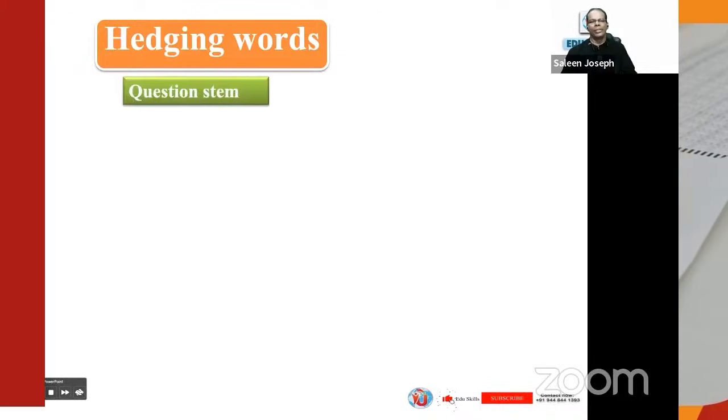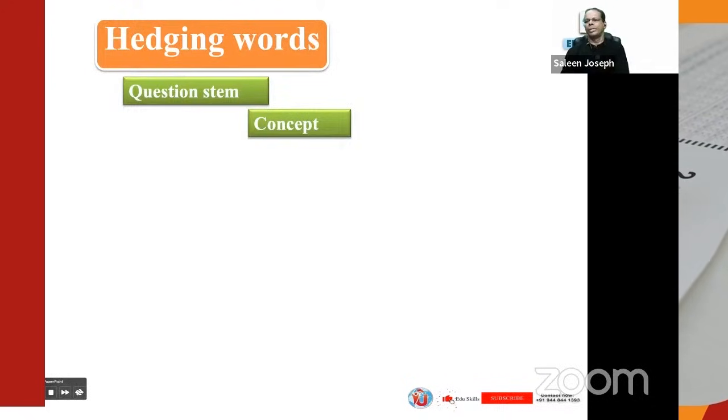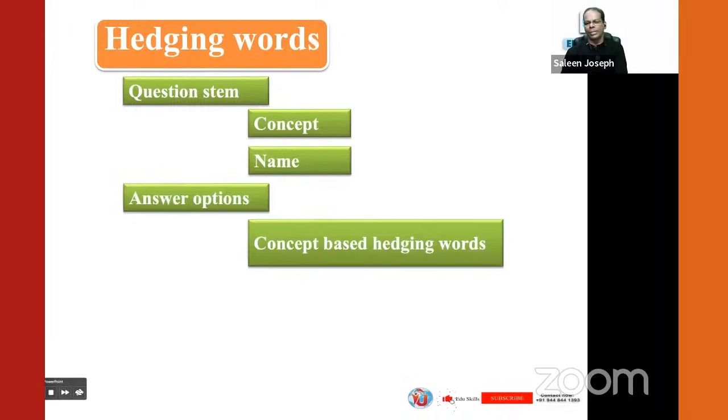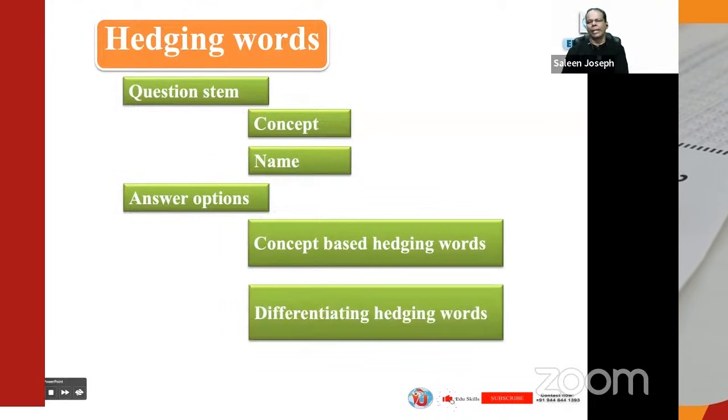Okay. Now, hedging words. In the question stem, understand what is the concept being asked. And then if there is a name, definitely you have to focus on the name as well. In the answer options, concept-based hedging words and differentiating hedging words. There will be 2 types of hedging words which we will be looking into.